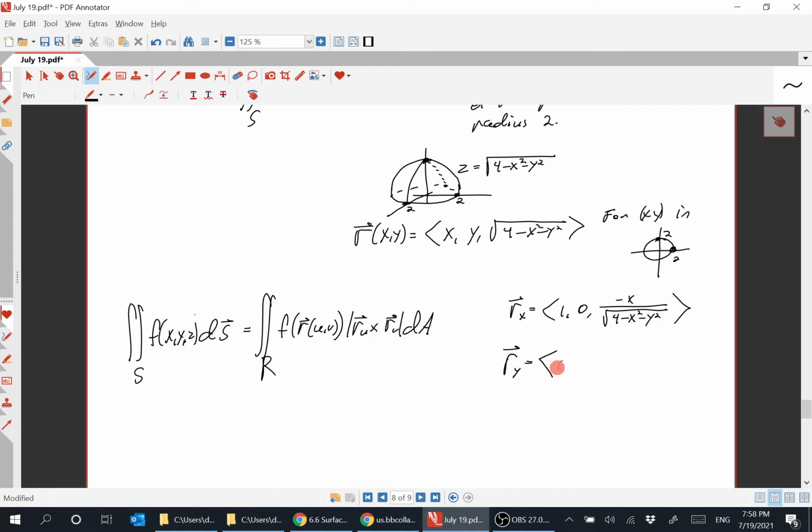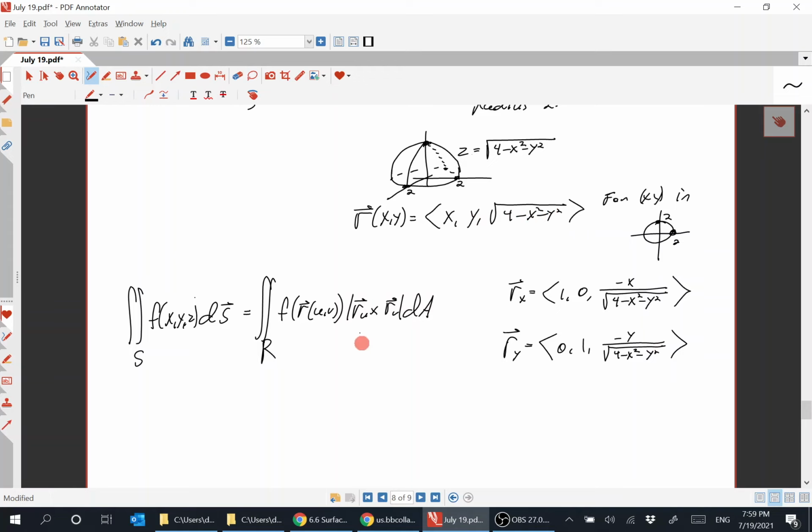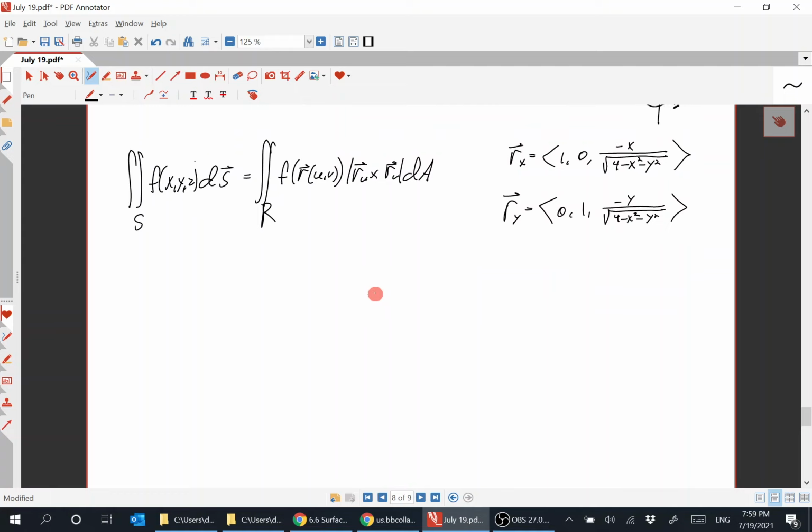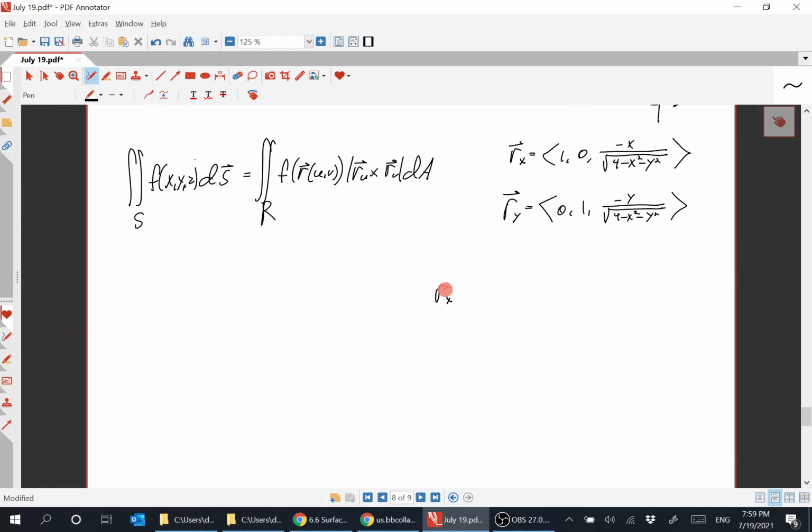Ry is equal to 0, 1, minus y over the square root of 4 minus x squared minus y squared. The partial derivative with respect to y here is 0, here is 1, and the partial derivative of this thing with respect to y is that. So now we calculate the cross product, and you can do either Rx cross Ry or Ry cross Rx. It doesn't matter in this context because we're just going to take the length, and the length stays the same no matter which cross product you choose.